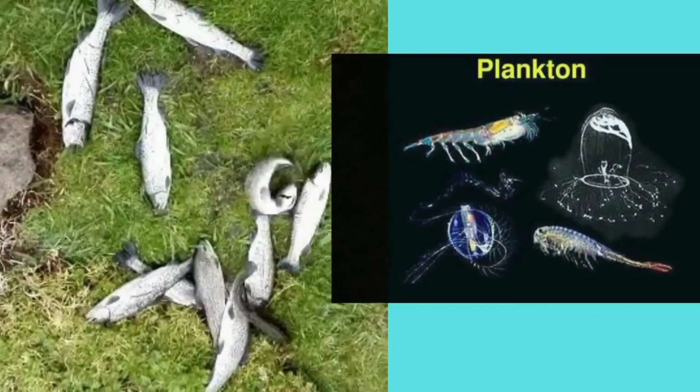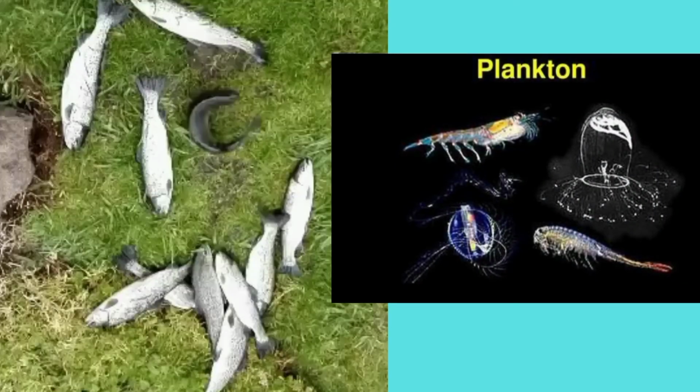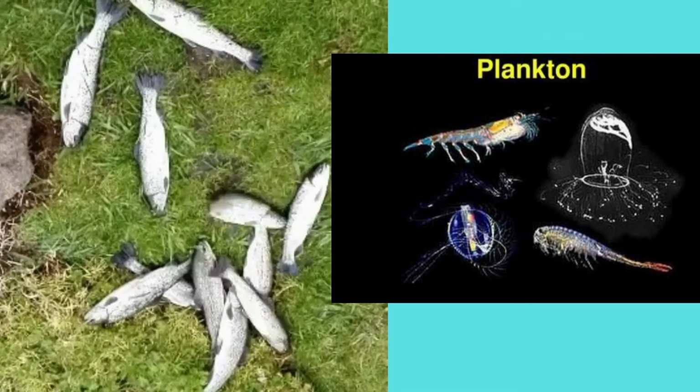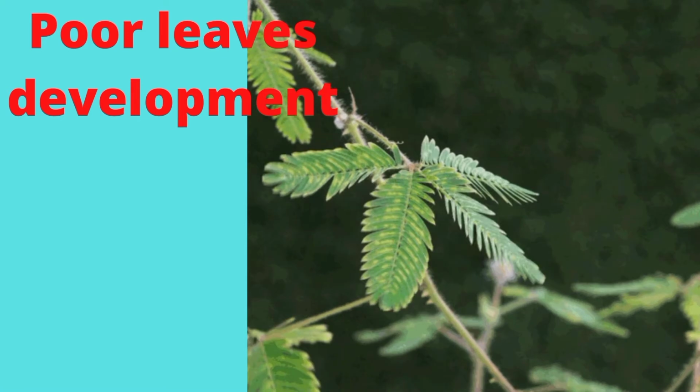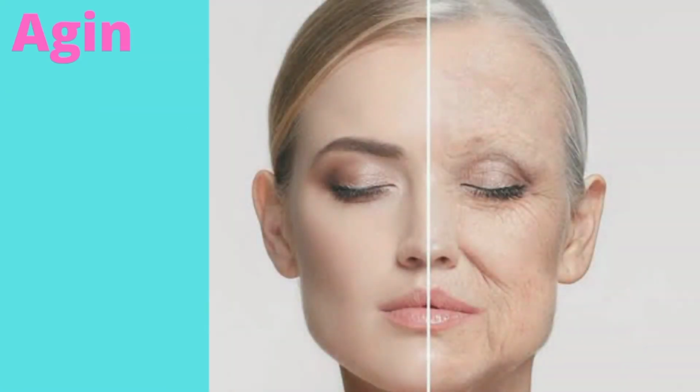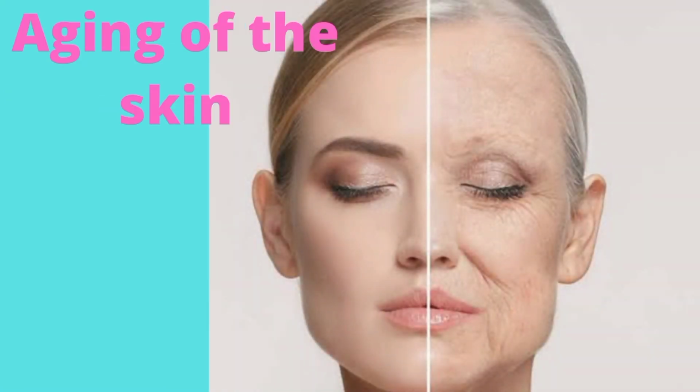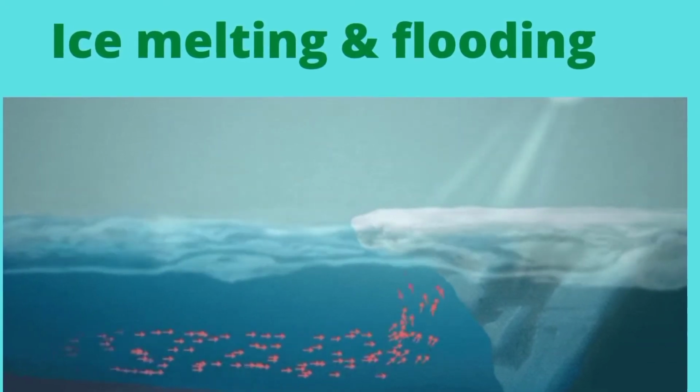It can also destroy aquatic organisms in the water. Ozone layer depletion can bring about poor leaf development, and it can also cause aging of the skin, whereby the skin forms wrinkles at the early stage. Ozone layer depletion can lead to ice melting and flooding.